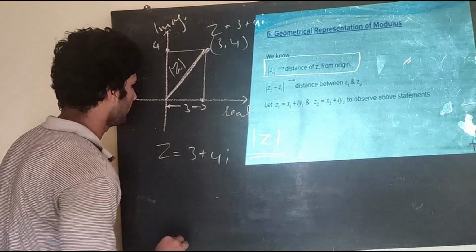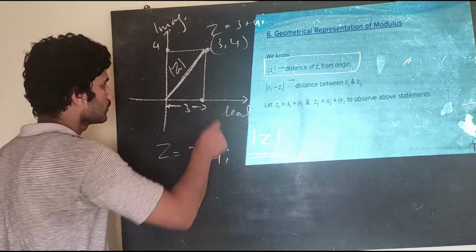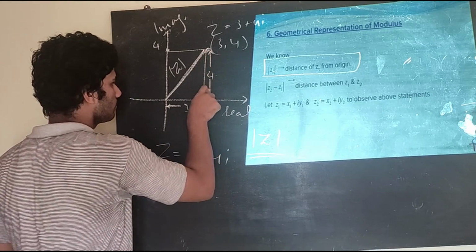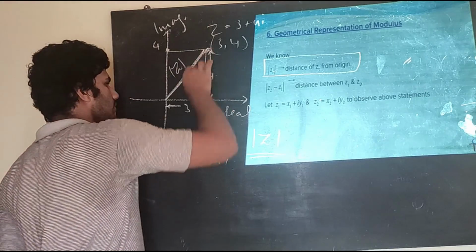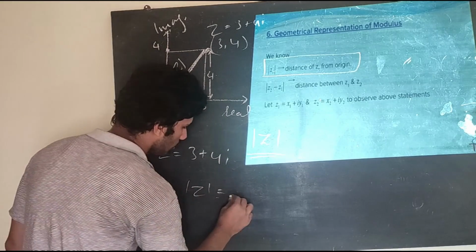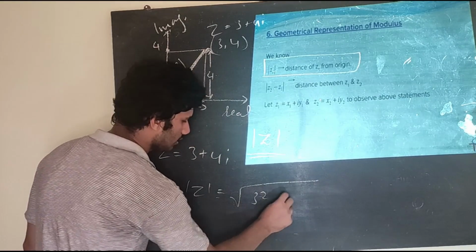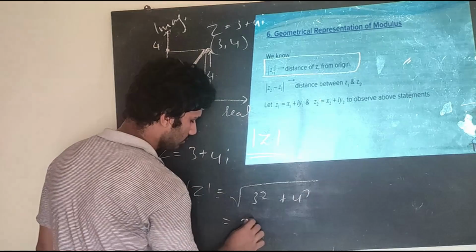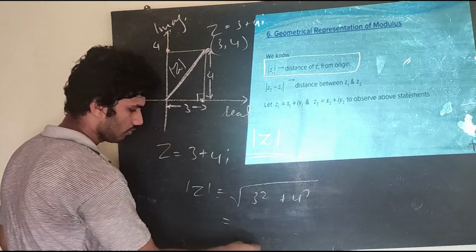And what is this actually? This is 3, this is 4. So what is this? A right angle triangle. By Pythagoras theorem, mod z will be root of 3 square plus 4 square, and that is 5.